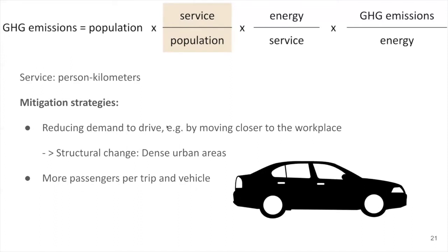On a structural level, this means creating, for example, denser urban areas where the destinations and origins are closer together. It can also mean having more passengers per trip and vehicle, for example, taxis shared by several people, or high occupancy vehicle lanes.